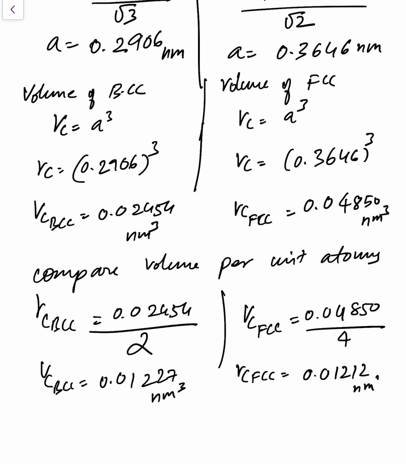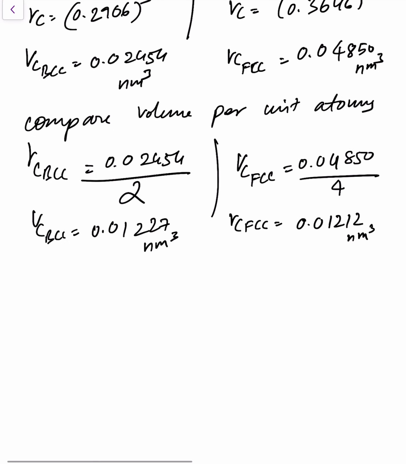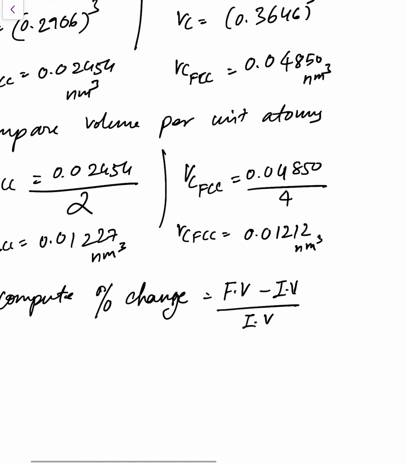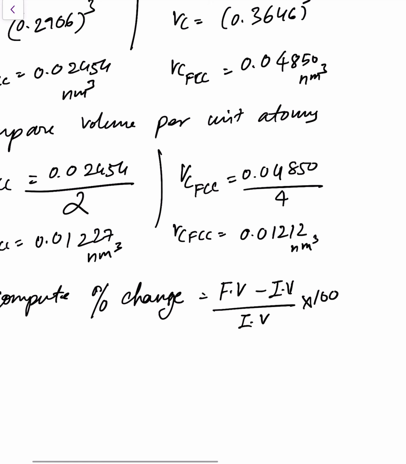Okay, now the last thing is compute percentage change, which is equal to final value minus initial value divided by initial value. And if you're calculating percentage, that's times 100.